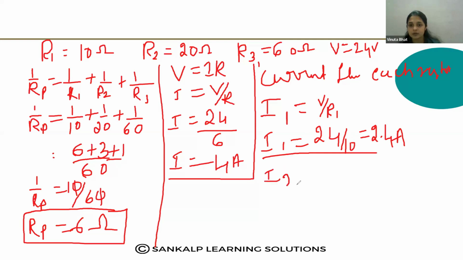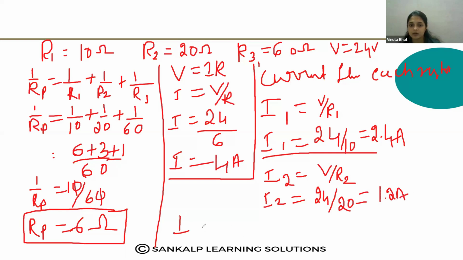I2 is equal to V by R2, that is, 24 divided by R2, 20. This is equal to 1.2 ampere, I2.